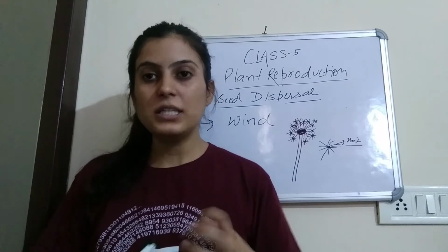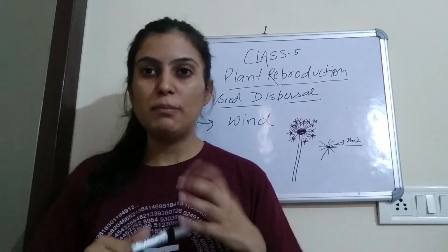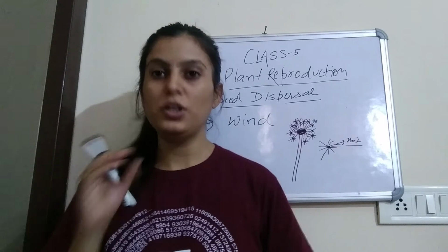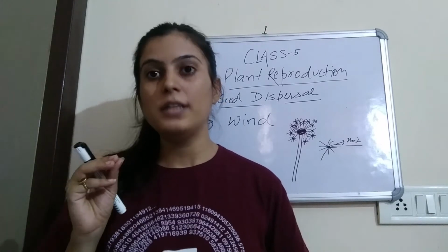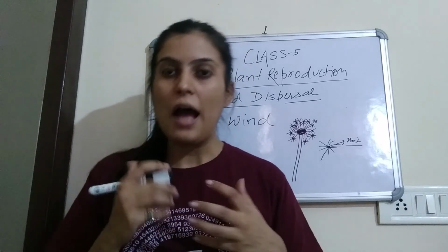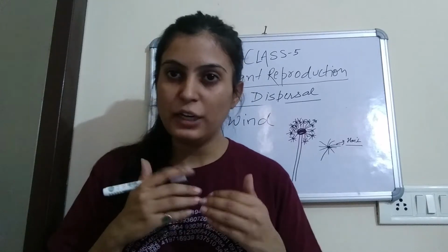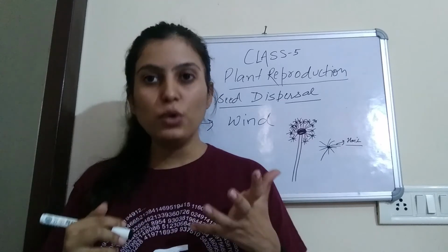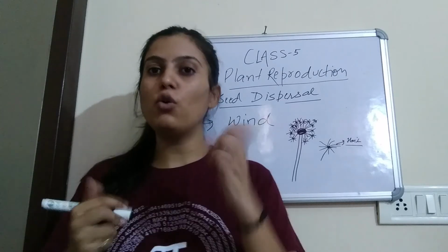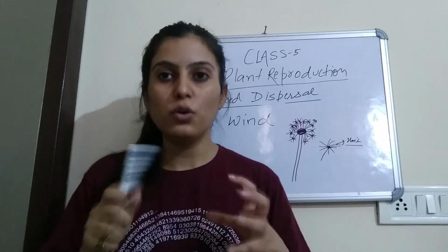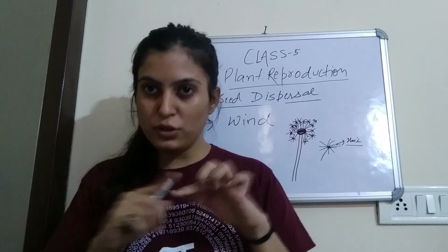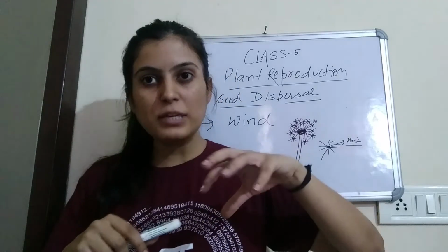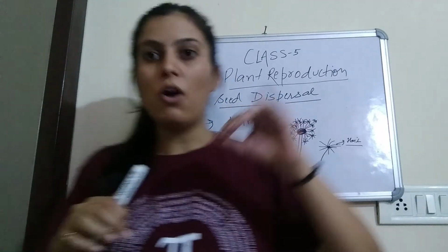Right. Next is dispersal by water. How does dispersal occur by water? See, some fruits have seeds which are carried away with the help of water. For example, lotus seeds and coconut also. Your coconut has a fibrous coat around it, which helps it float on the water.